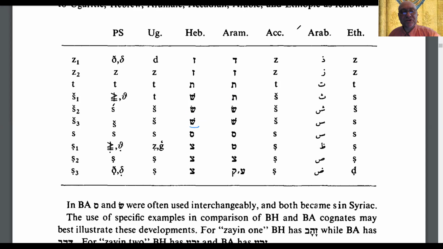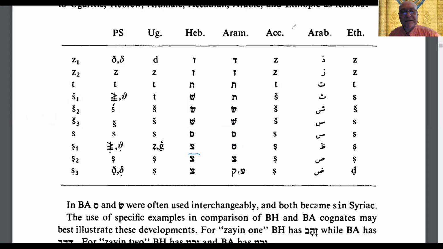Looks like we've got another sheen here. Aramaic mirrors that as well, but it's interesting that there is a slight difference up here between Hebrew and Aramaic. Okay, Samech, S-A-M-E-C-H. Looks like it's got that same S sound in Aramaic. So that's about the same.